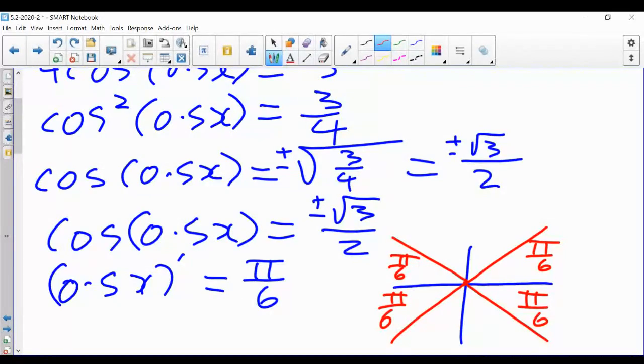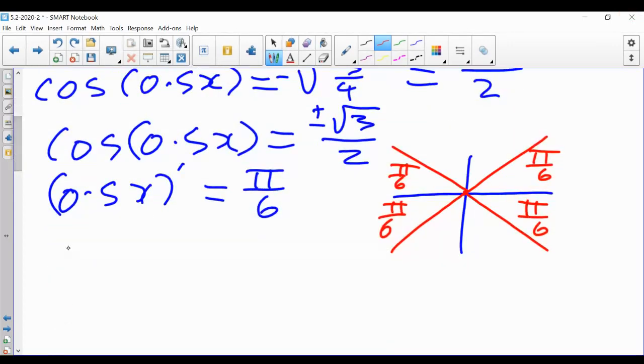Except that that's wrong. Why is that wrong? It's right for what we normally do, but it's wrong for this question. You didn't see that coming, did you? So the actual values of x, the 0.5x, let me come back to the blue.